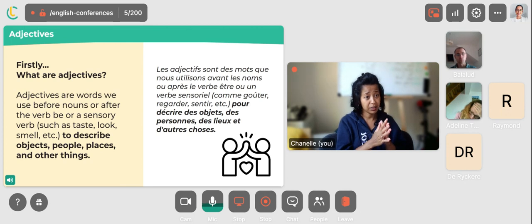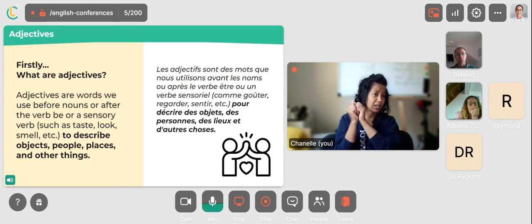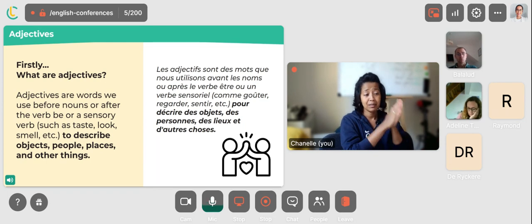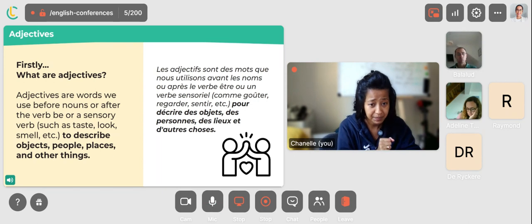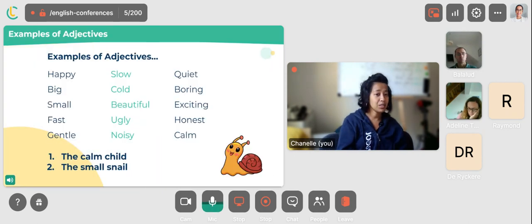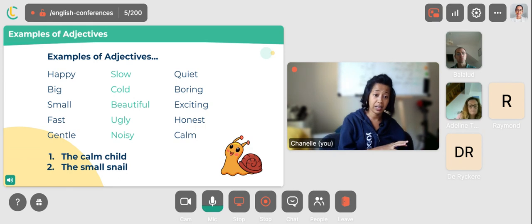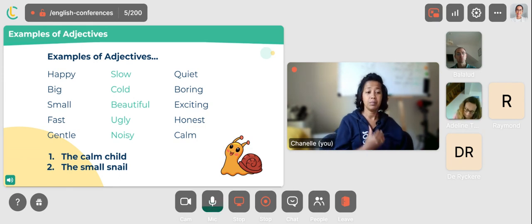So the compound adjective will be 2 words that are used together to describe objects, people, places, and things. Examples of adjectives that we find are happy, slow, quiet, big, cold, boring, small, beautiful, exciting, fast, ugly, honest, gentle, noisy, and calm.